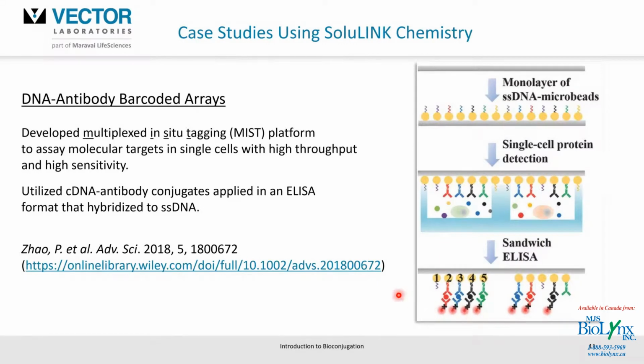Later on in the study, they actually eluted off those complementary DNA strands, and they could do multiple rounds of detection. So this allowed them to do high throughput with high sensitivity. But it was this conjugation of the antibody with that complementary DNA strand that allowed them to undertake this methodology.